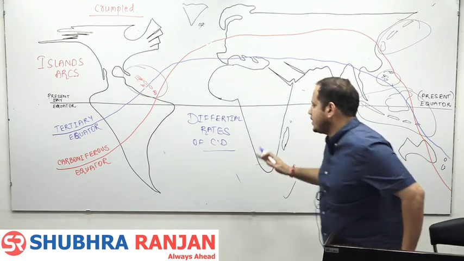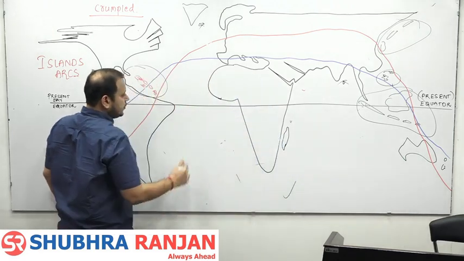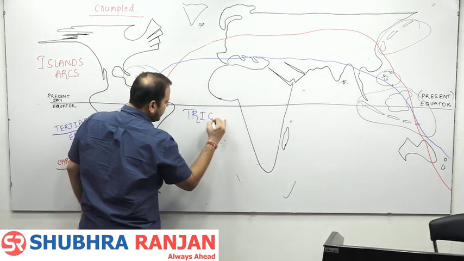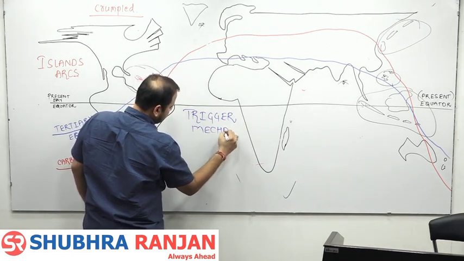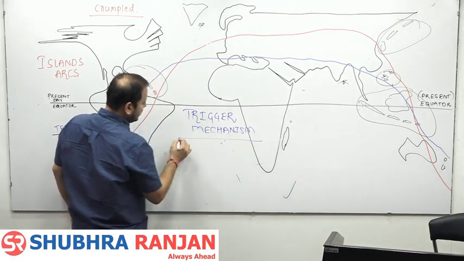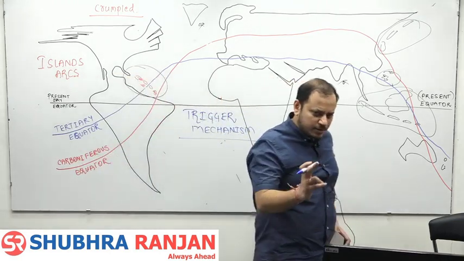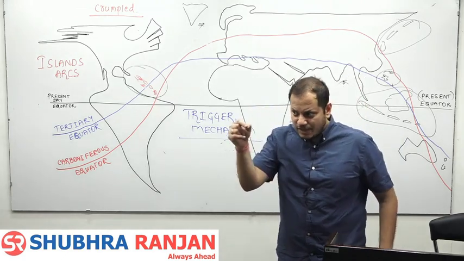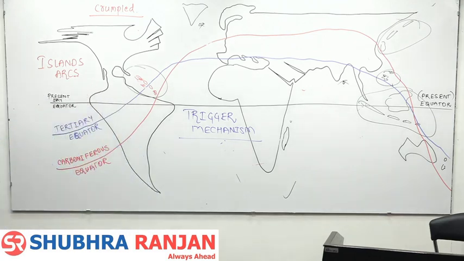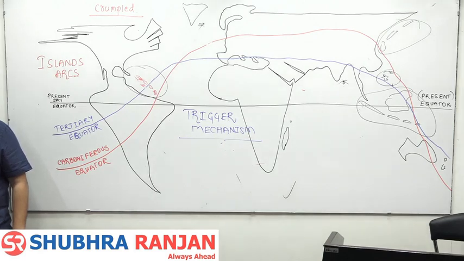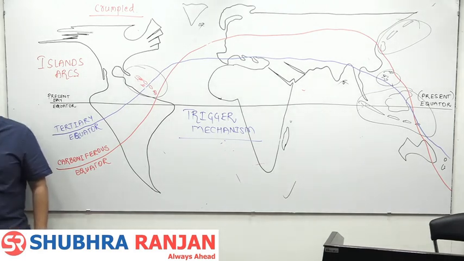Or in other words, could not explain the trigger mechanism. कुछ तो trigger होना चाहिए, and something, some event should have occurred. That is what is the trigger mechanism, the trigger mechanism that caused breaking up of Pangea in the Carboniferous period.